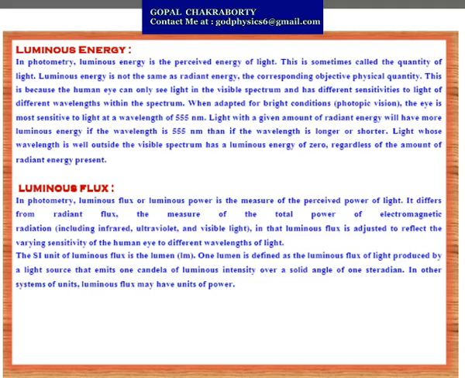The SI unit of luminous flux is the lumen. 1 lumen is defined as the luminous flux of light produced by a light source that emits 1 candela of luminous intensity over a solid angle of 1 steradian. In other systems of units, luminous flux may have units of power.